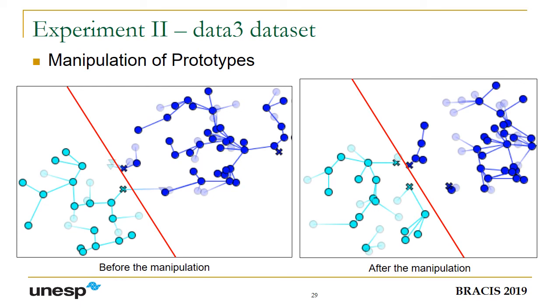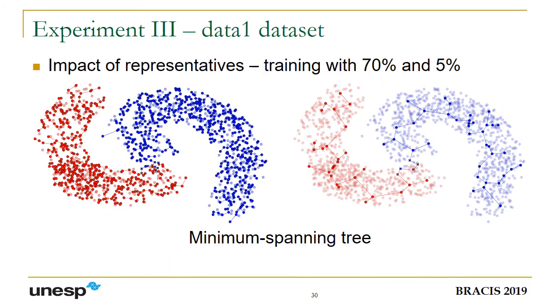So we get 100% of correct classification. Here's an example in which we are going to show if the boundary is well defined and also the overall of the cluster is well defined, we don't need a lot of instances.